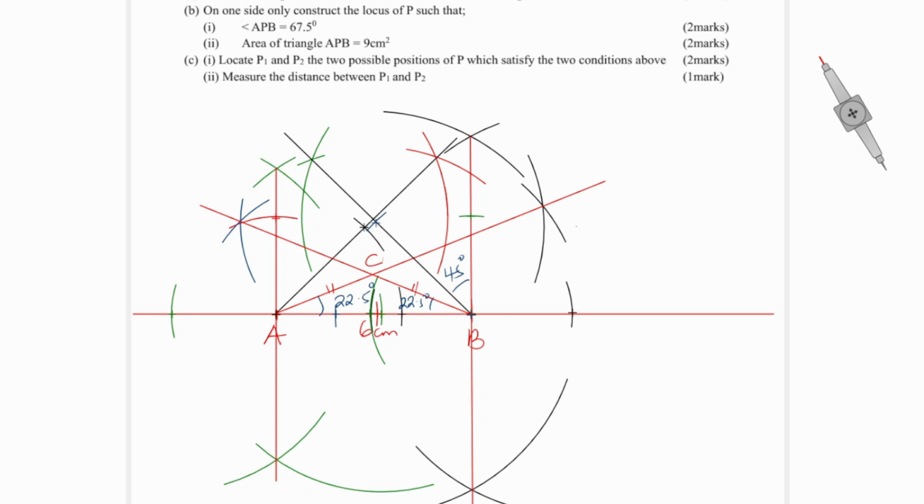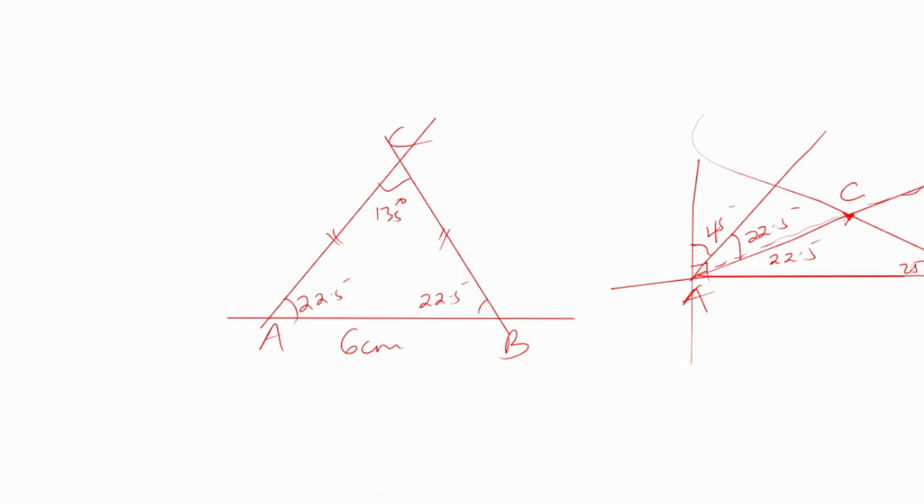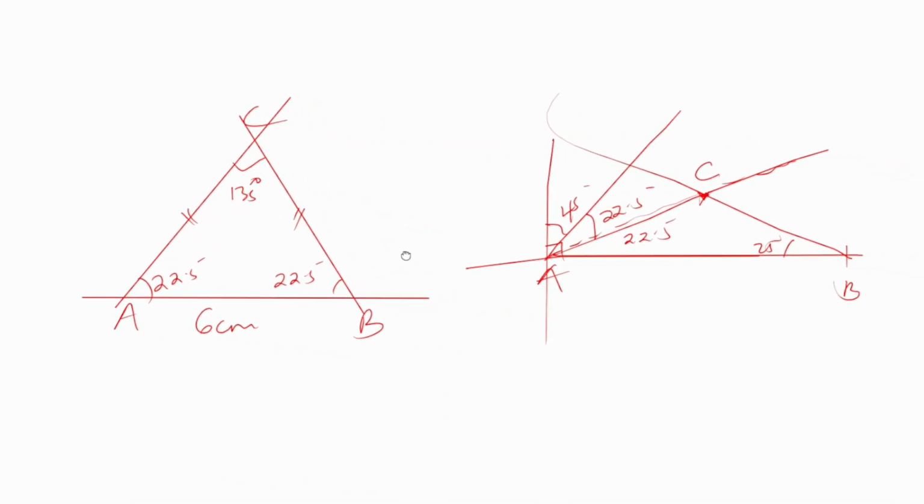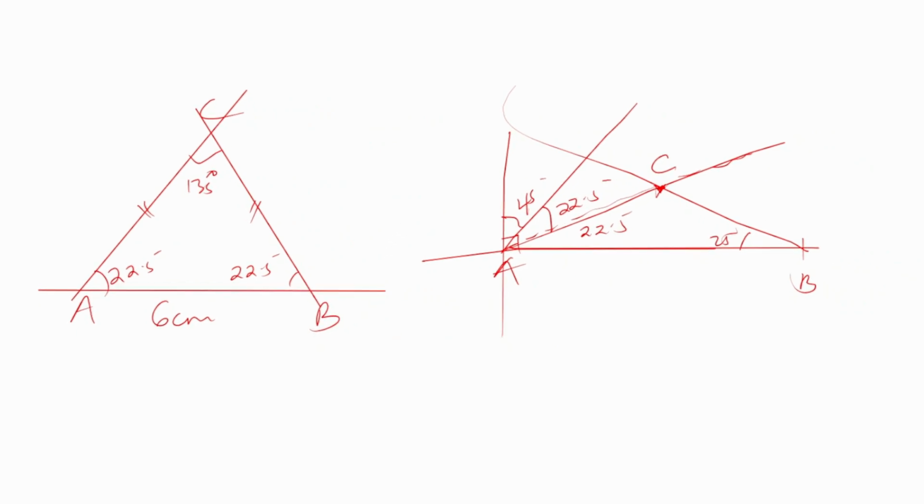On one side only, construct the locus of P such that APB is equal to 67.5. Now for that part, we shall use the knowledge from the angle properties of a circle, whereby we say the angle subtended at the center by a chord is twice the angle subtended at the circumference. And this is how we're going to have it.